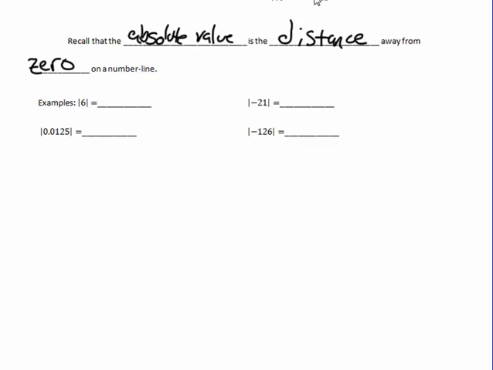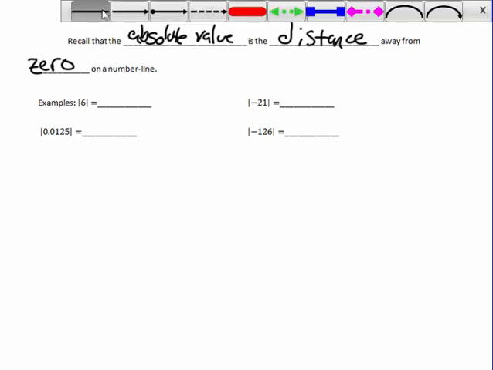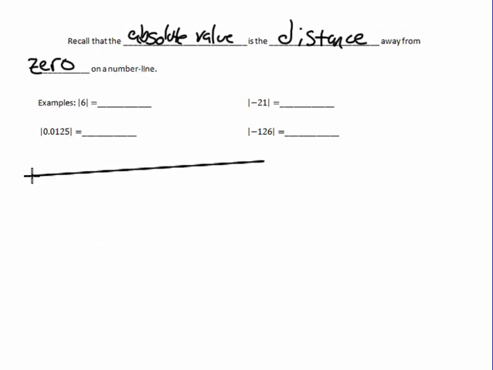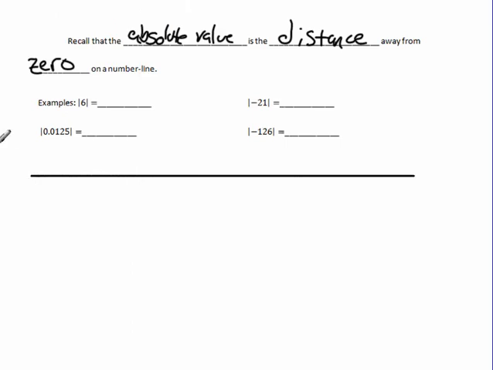We could actually put ourselves a number line out there and count distance. So let's get that number line out, and here we have a number line. And let's put 0 on our number line. So we could think about this as distance away from 0 on a number line.